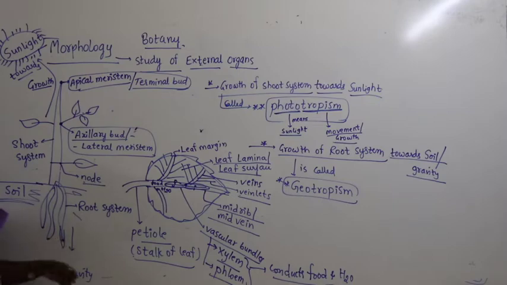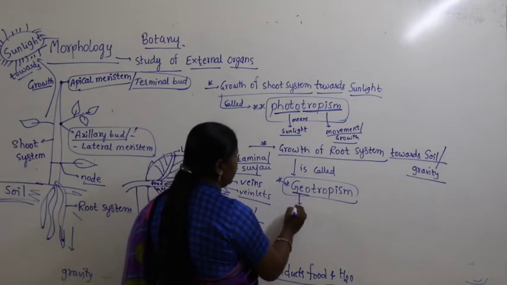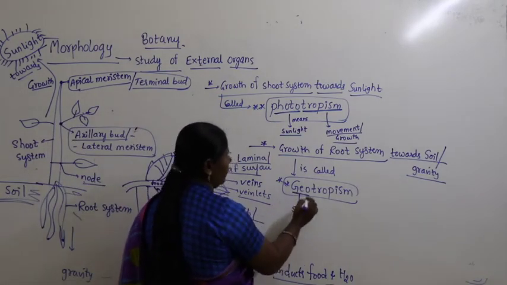In the center of the soil, if you go to deeper and deeper layers of the soil, we find gravitational force, we find gravity exists. Right. So, here root is growing towards gravity. So, the growth of the root towards the soil, towards gravity, is called geotrophism. Geo means soil, towards soil.